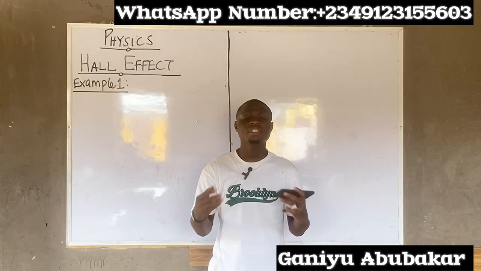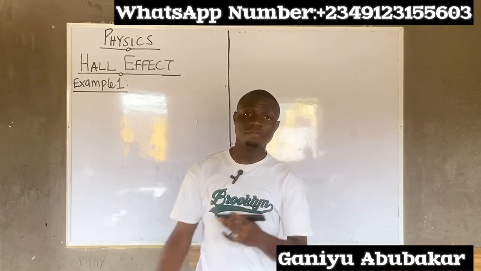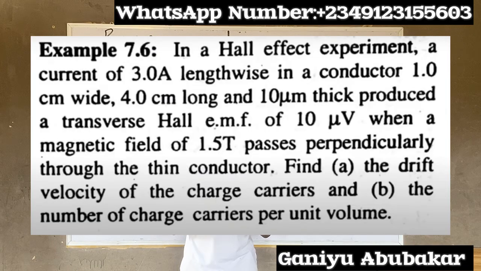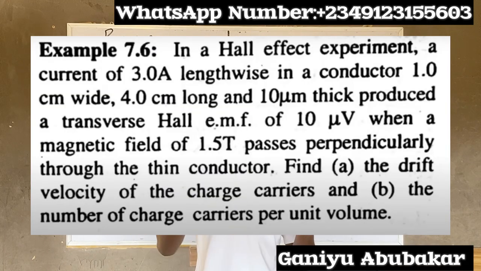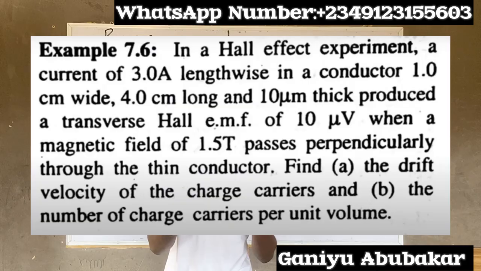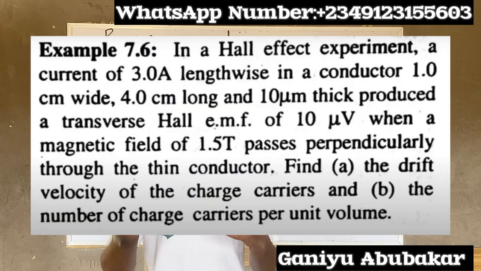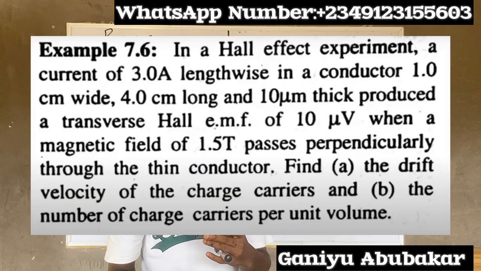Welcome back. Let's take some examples under the Hall effect. It says, in a Hall effect experiment, a current of 3.0 milliampere lengthwise in a conductor 1.0 centimeter wide, 40 cm long, and 10 micrometer thick, produces a transverse Hall EMF of 10 microvolts when a magnetic field of 1.5 T passes perpendicular through the conductor.